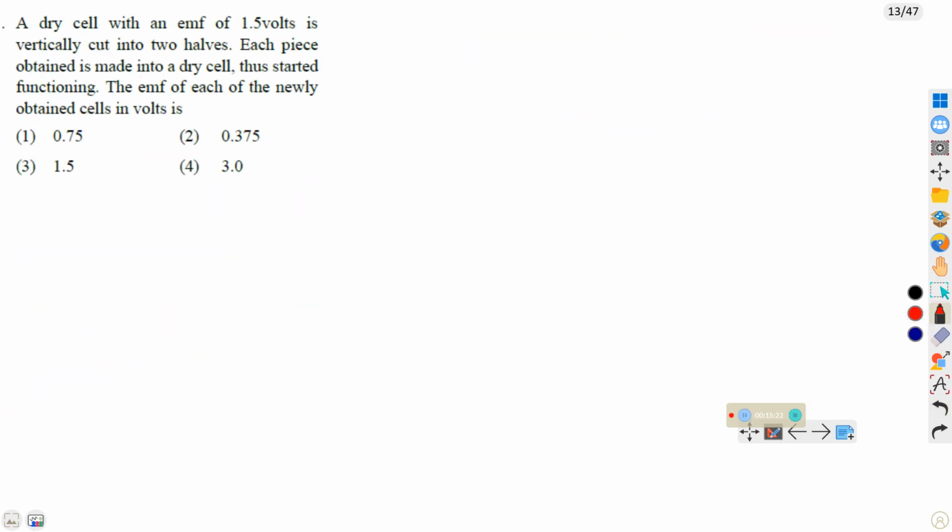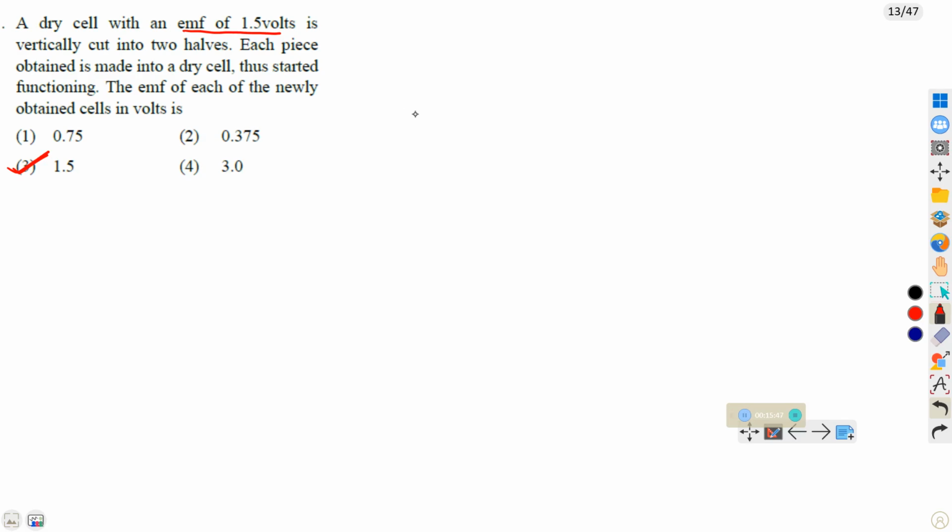A dry cell with an EMF of 1.5 volts is vertically cut into two halves. Each piece obtained is made into a dry cell and starts functioning. The EMF of each newly obtained cell in volts is the same, 1.5 volts.